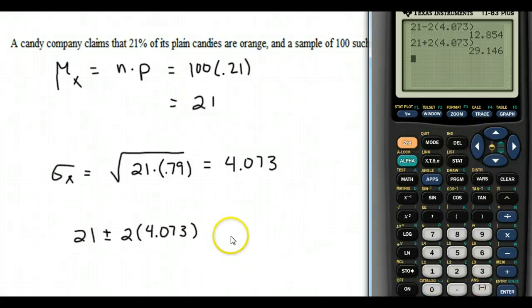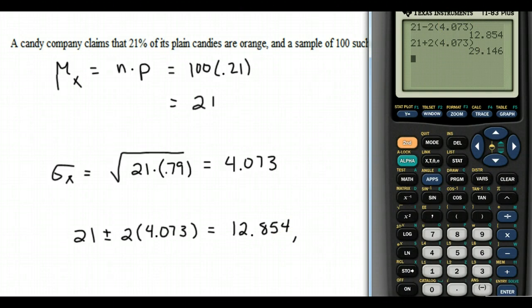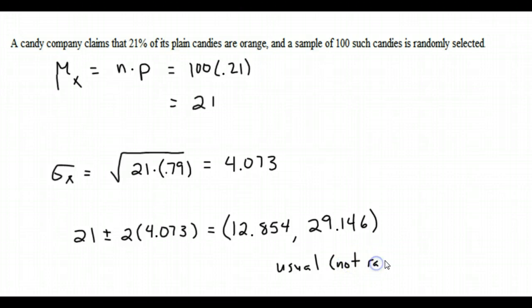So 12.854 all the way up to 29.146. That's an interval. Anything in there is usual or not rare, and anything outside of that would be considered rare.